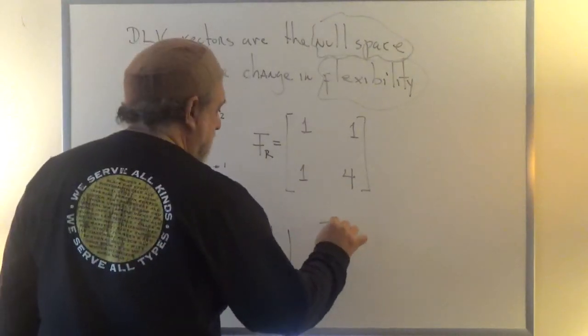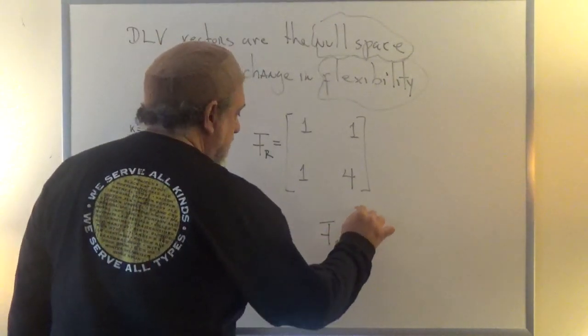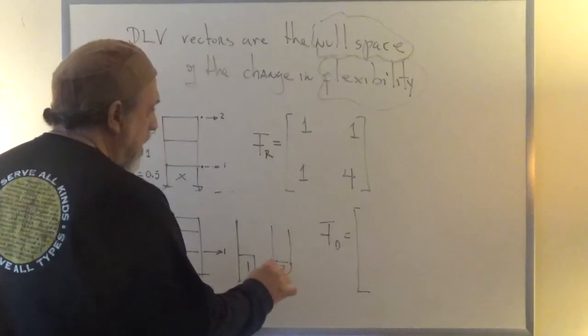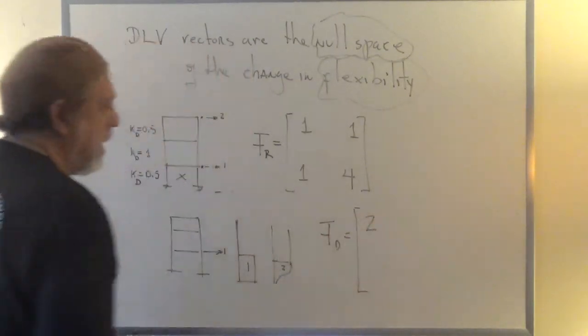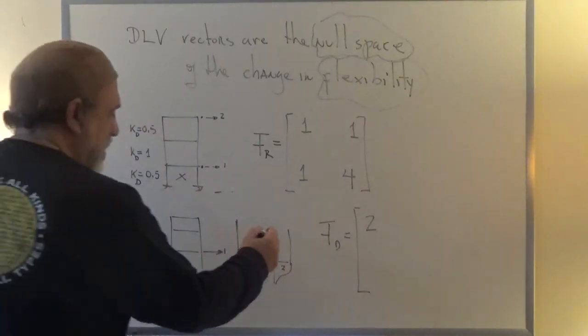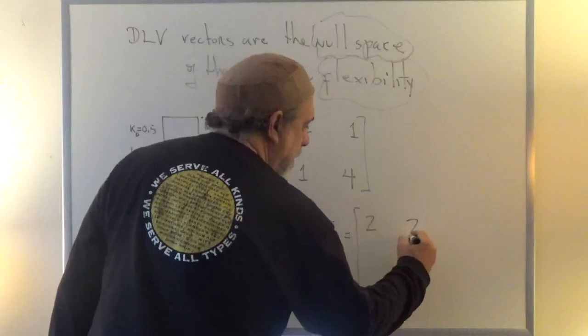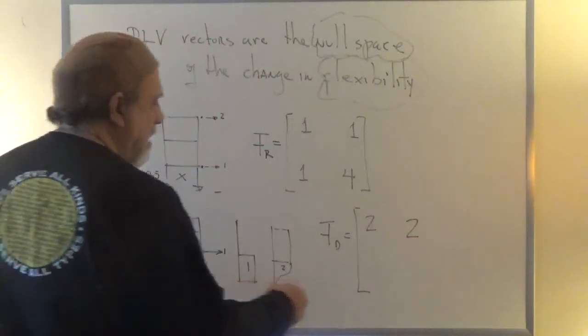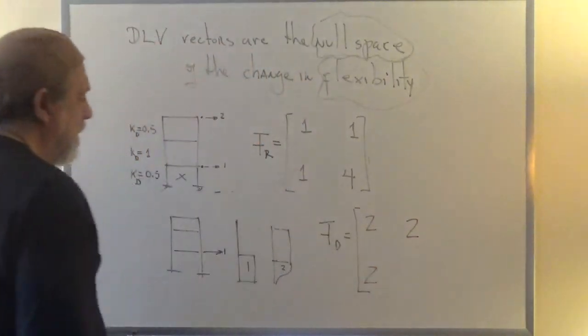Therefore, the flexibility matrix in the damaged state, F11 is 2. And what is F21? It's also 2, right? And we know that F12 is going to be the same, so this is 2.